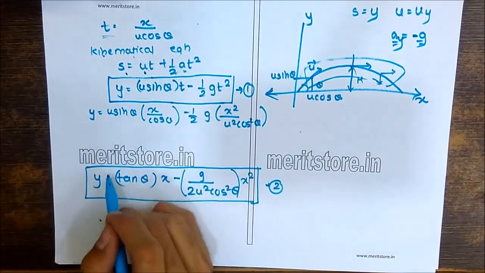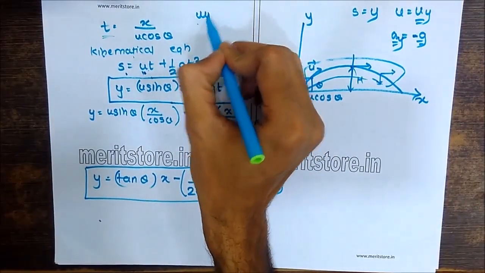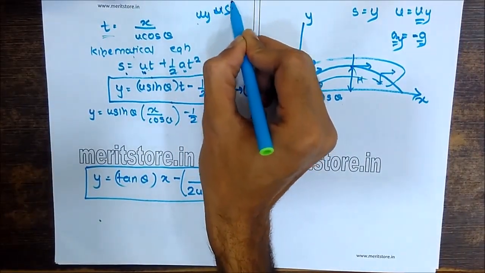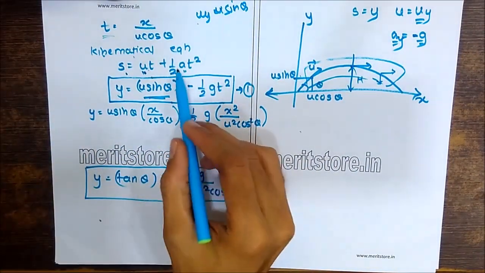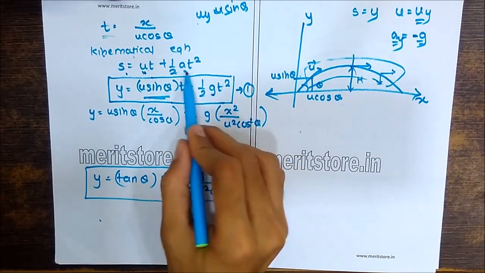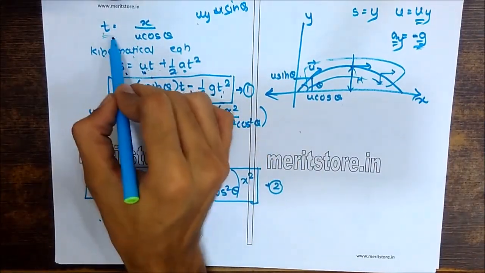Now the time t remains the same. So u becomes uy, and uy equals u sine theta, which we derived earlier. So I substituted uy as u sine theta, and half a becomes minus g, times t square.